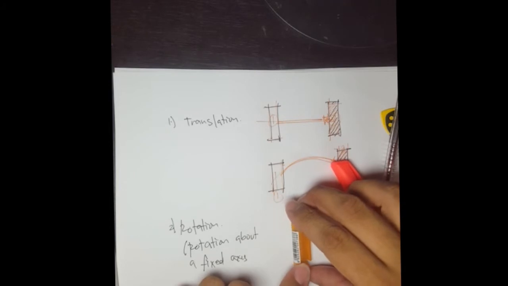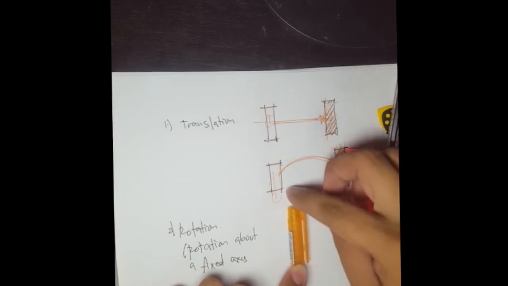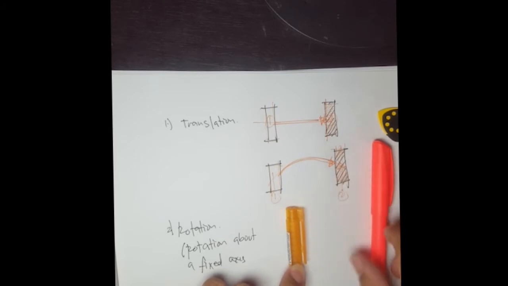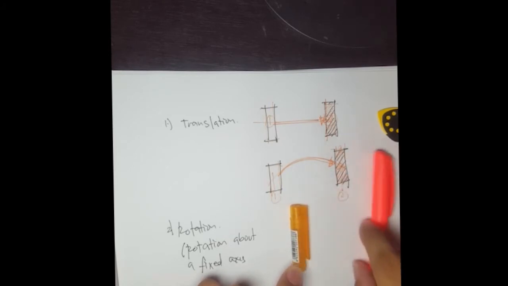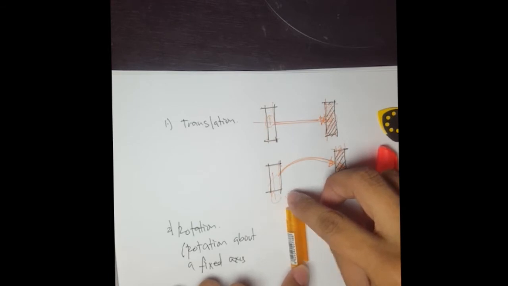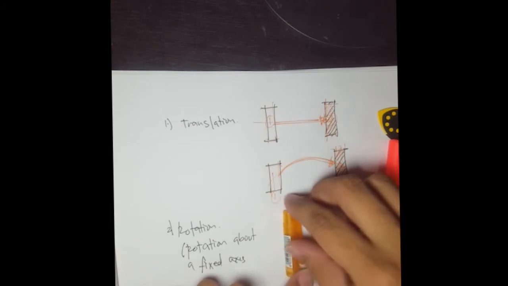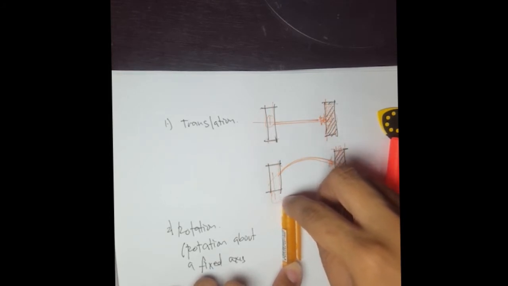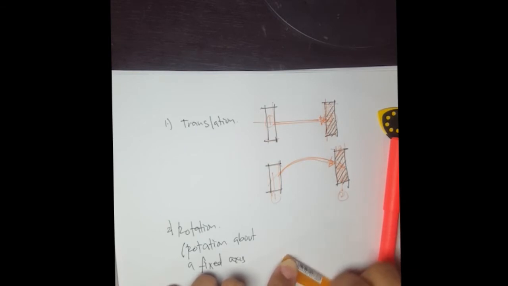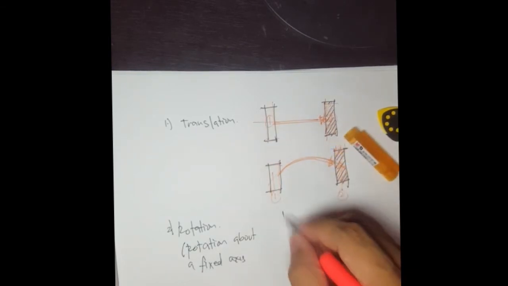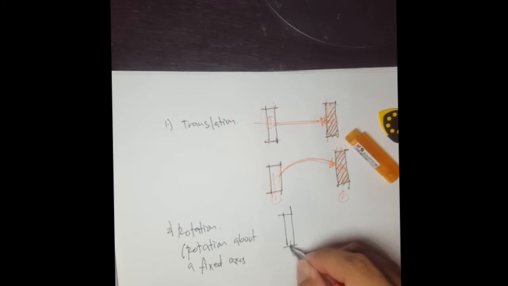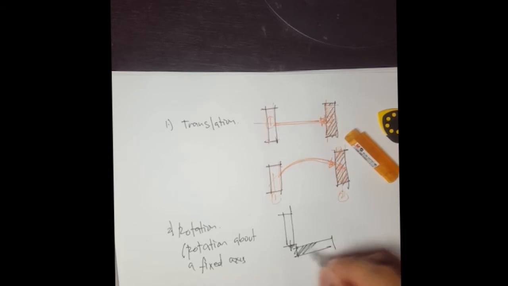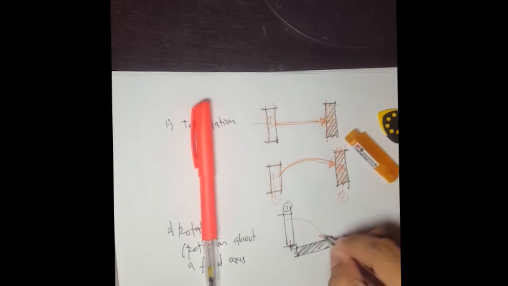For example, this is our rigid body, then this will be the point of rotation, or the axis of rotation. Axis is actually referring to a line. Let's say at point 1 it's vertical, but then at point 2 it's horizontal. So that's what a rotation is, a fixed axis rotation. So this is 1, this is 2, and then this is our motion.